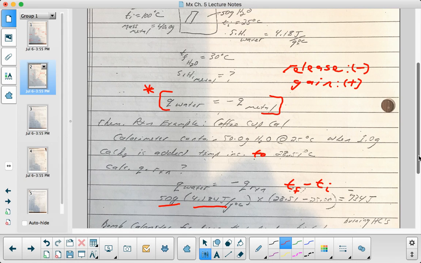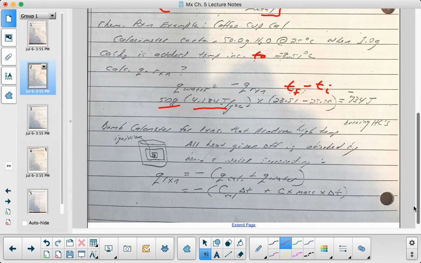So if the Q of the reaction is negative, then I have what's called an exothermic process. We're going to be looking at two different processes: it's either exothermic or endothermic.